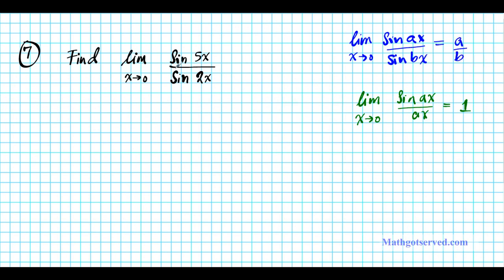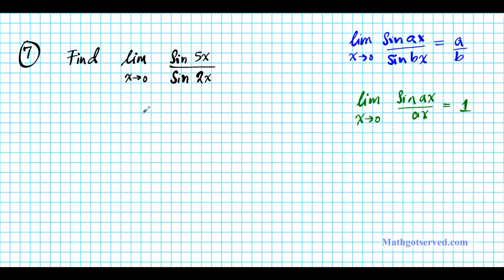So if you look at this situation, you can automatically conclude that your limit here is 5 over 2. Well, let's go ahead and do it the long way. I'm going to show you using the Squeeze Theorem that this limit is in fact 5 over 2.